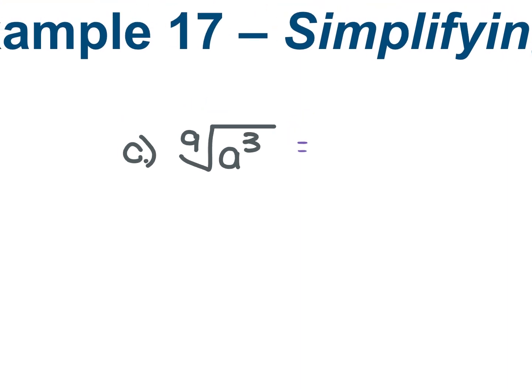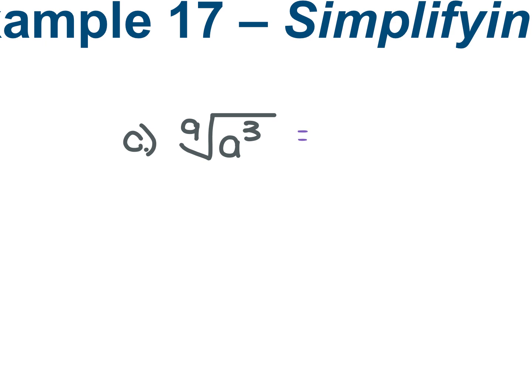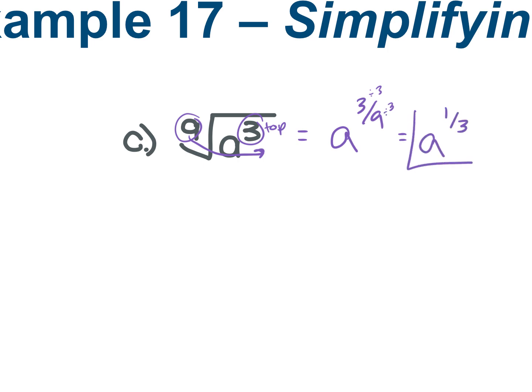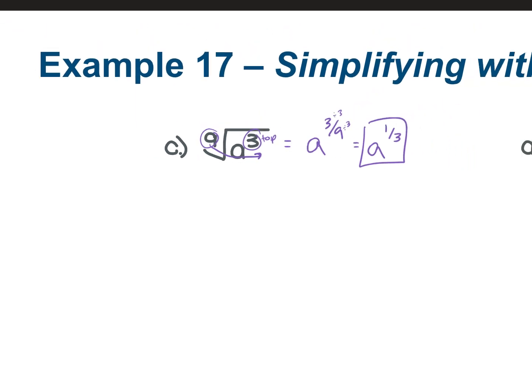So we know that the exponent stays on top and the index goes to the bottom. So this would be a to the power of 3 over 9. And we can simplify this fraction because 3 goes into 3 and 9. So this would be a to the power of 1 over 3. So that would be how we simplify.